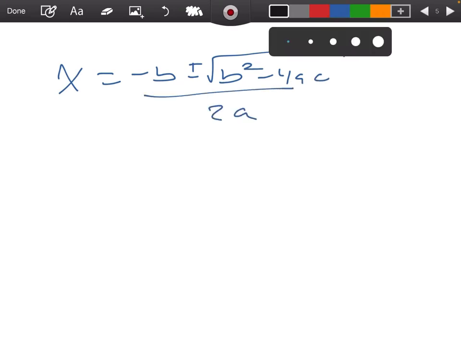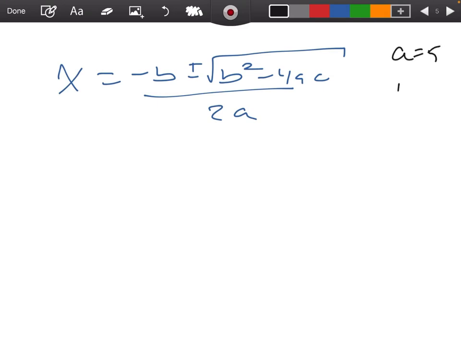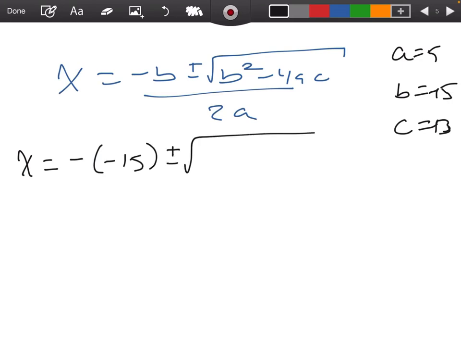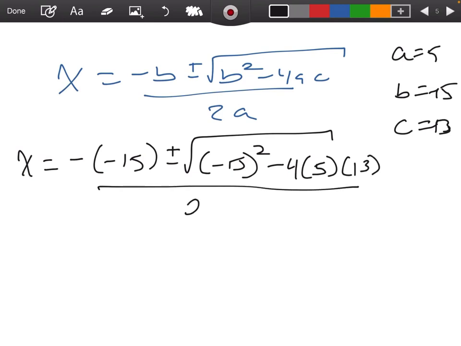And I believe we said that a was 5, b was negative 15, and c was 13. So let's start plugging in. Minus of negative 15 plus or minus the square root of negative 15 squared, minus 4 times a times c, all over 2 times a, okay?